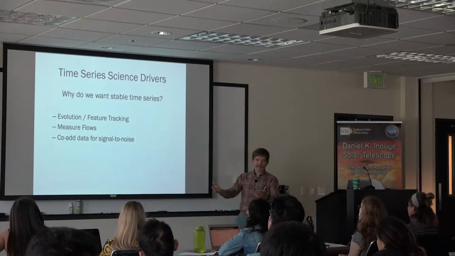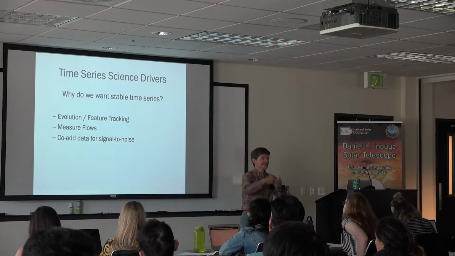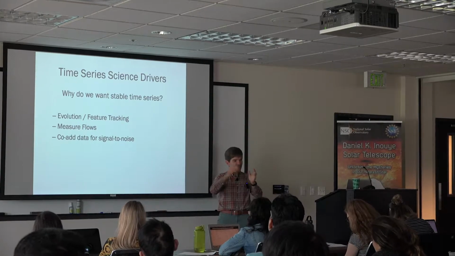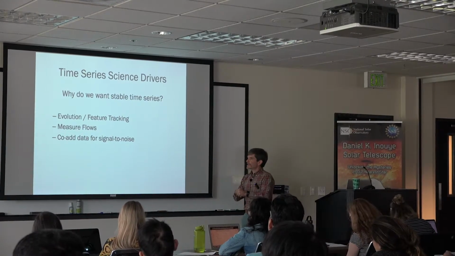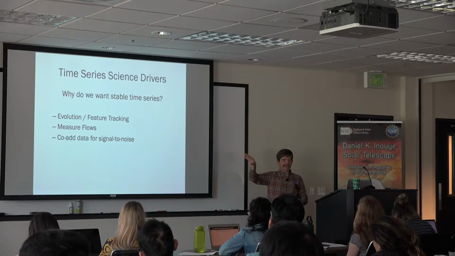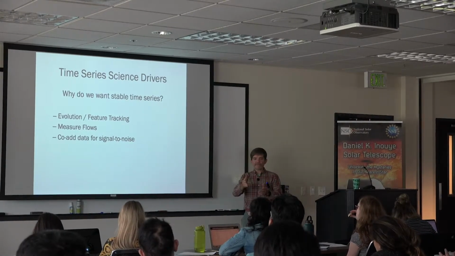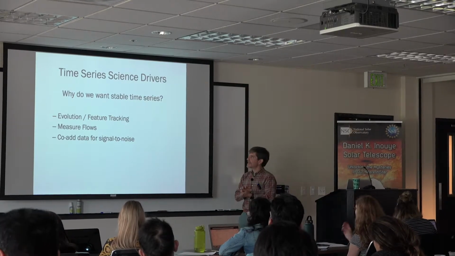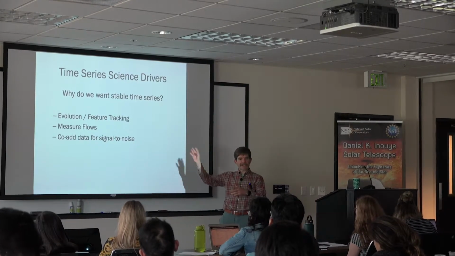Why exactly do we want these nice movies? Why? What's the science? Why do we need these stable images beyond just being able to be impressed and amazed? We want to be able to look at the evolution of features, right, in the solar atmosphere. We want to be able to find a feature, follow it in time, see how it's evolving and moving through the atmosphere, like those bright points.